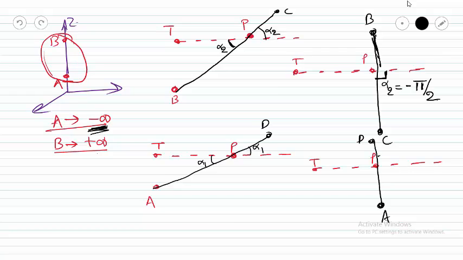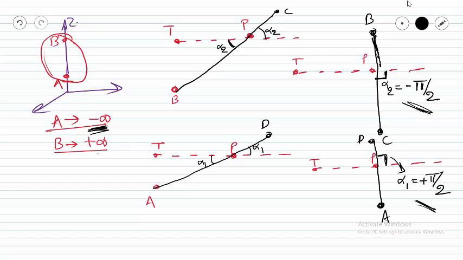In this case alpha 1 is equal to plus pi by 2. So to make this finite line charge distribution an infinite line charge distribution, we move point B towards plus infinity and point A towards minus infinity. Then alpha 1 is equal to plus pi by 2 and alpha 2 is equal to minus pi by 2.